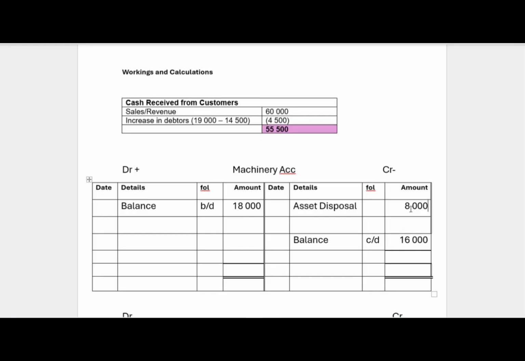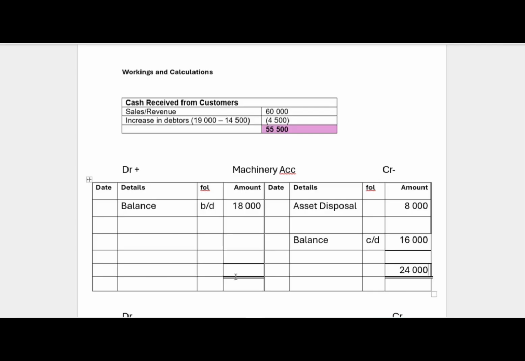So we're going to say 8,000 plus 16,000, just to balance and determine the new cost price for the new machine. I'm getting 24,000. So here, total 24,000.